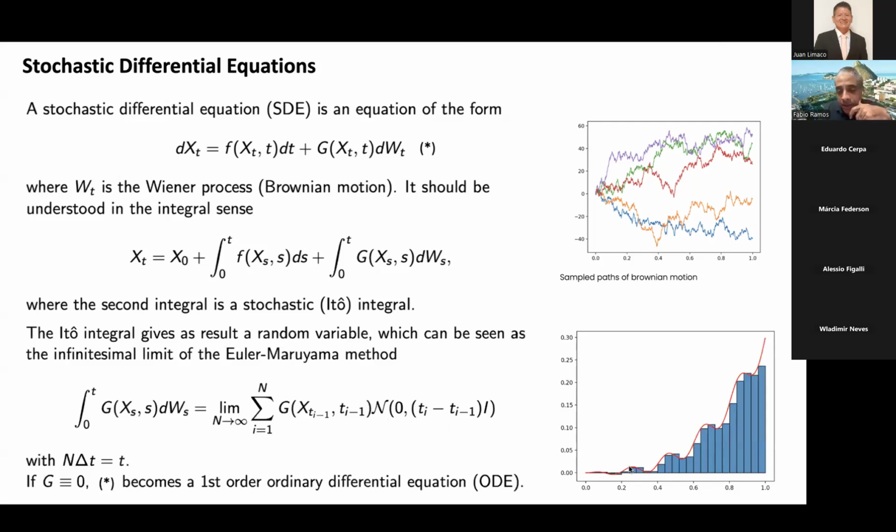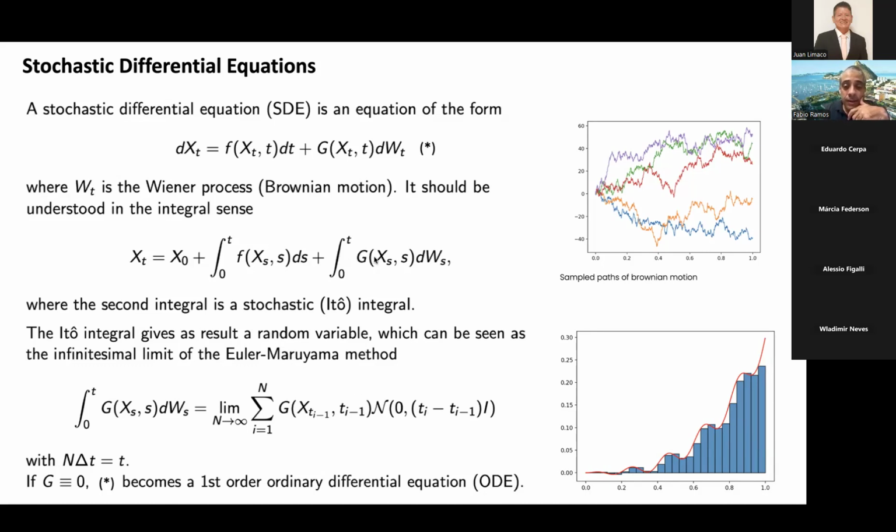But at each time step, you have a Gaussian distribution, right, with variance delta t, and you're weighting the normal with this noise, and it's calculated at the beginning of the time interval. That's what I call the Ito integral, right? So that's just, in a nutshell, what the stochastic differential equation is.